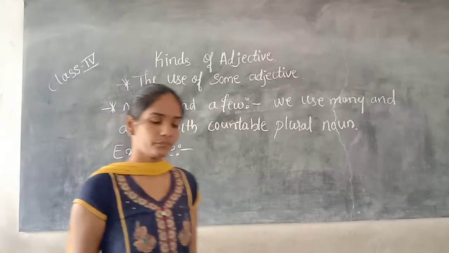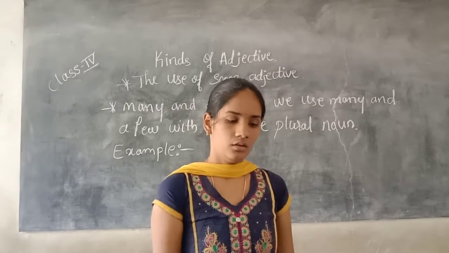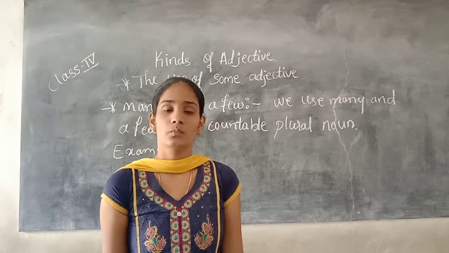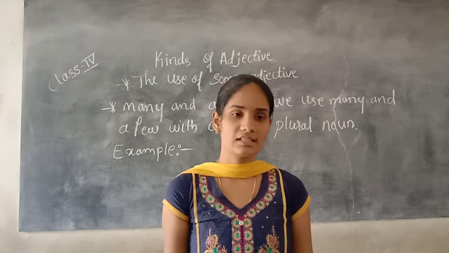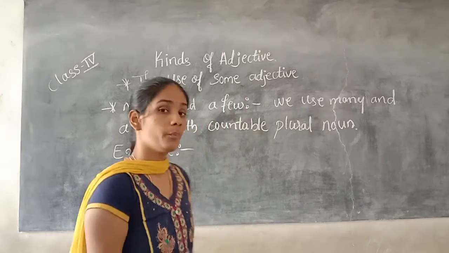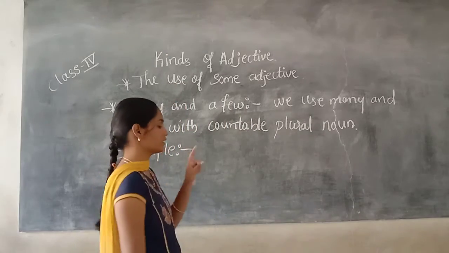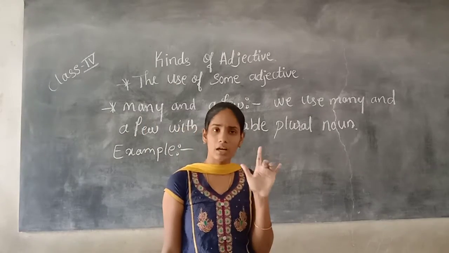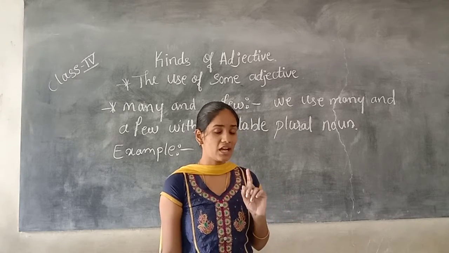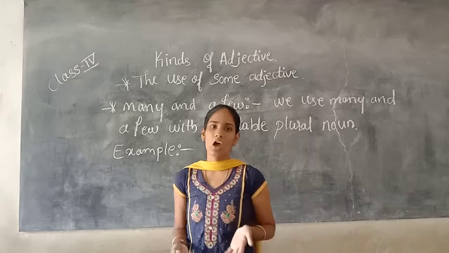See. So, in your class, many boys are there. So, many boys, are they countable or uncountable? Can you count the boys or not? Yes, we can count the boys.